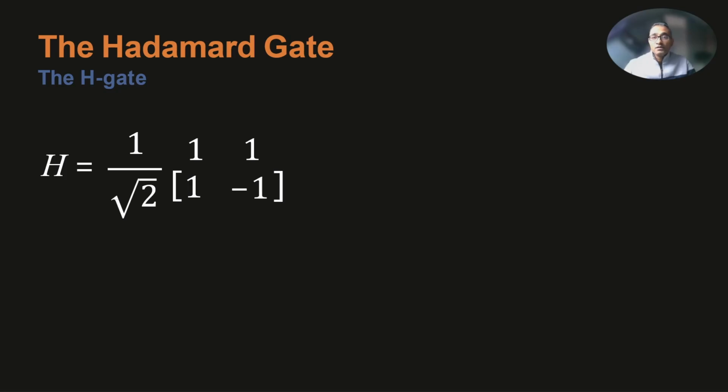output. So in this series, we will first start with what is known as a Hadamard gate, H gate in short, and what it represents is a simple matrix as you can see. So 1 by under root of 2 and a matrix of 1, 1, 1, minus 1.